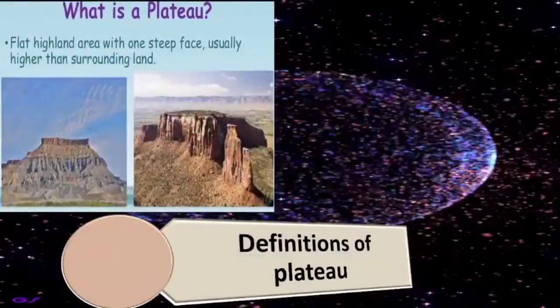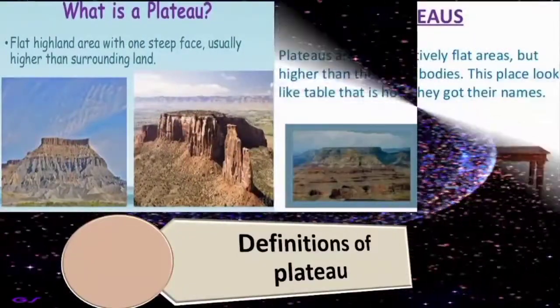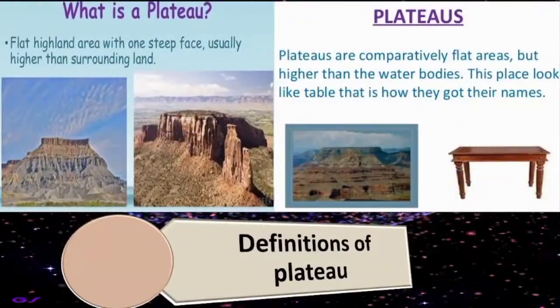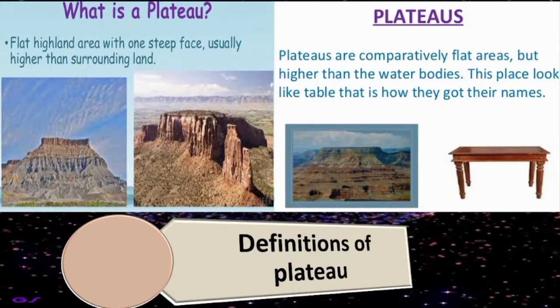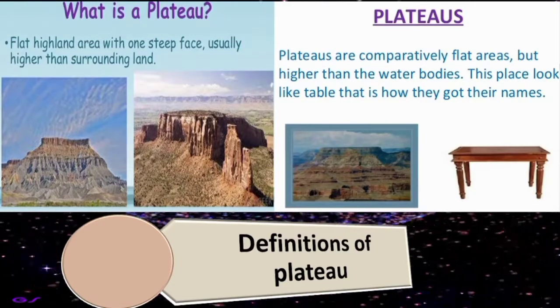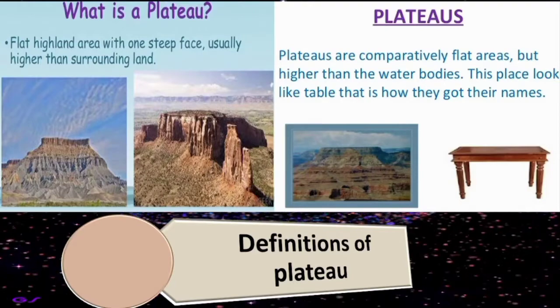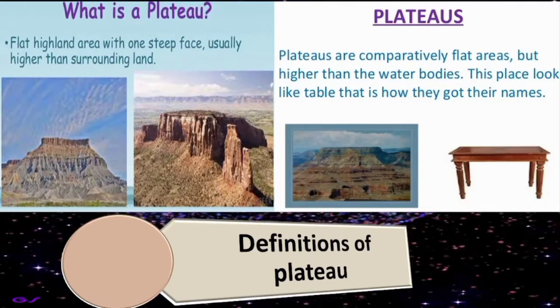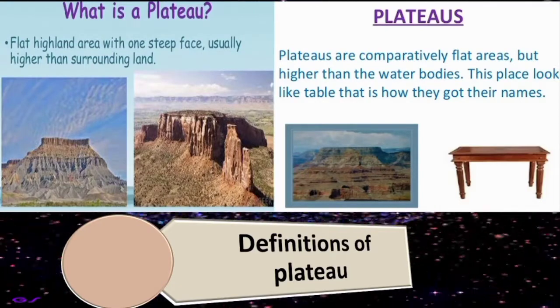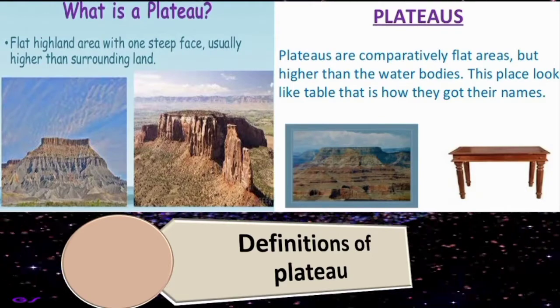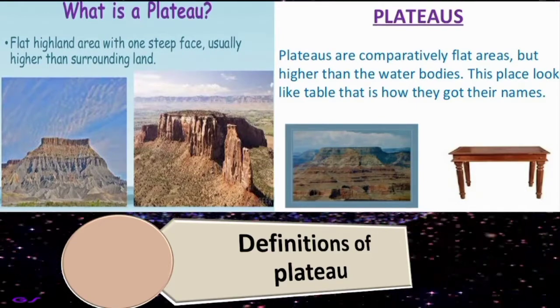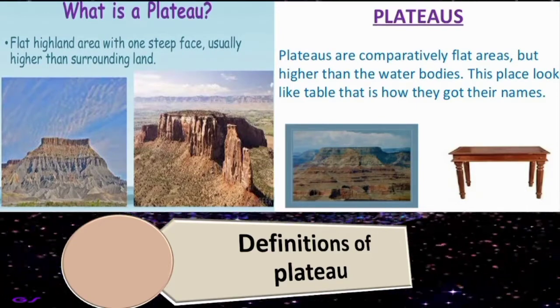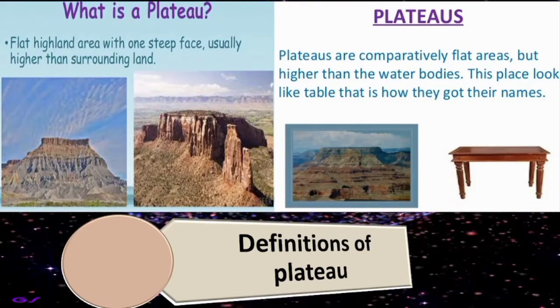A plateau can be defined as a flat elevated landform that rises sharply above the surrounding area on at least one side. A plateau is also an area of highland with a flat terrain with one or more steep sides.